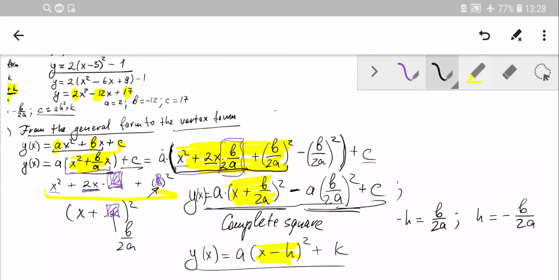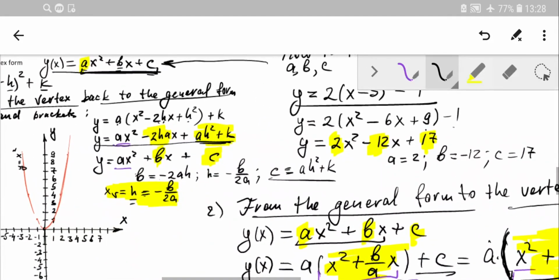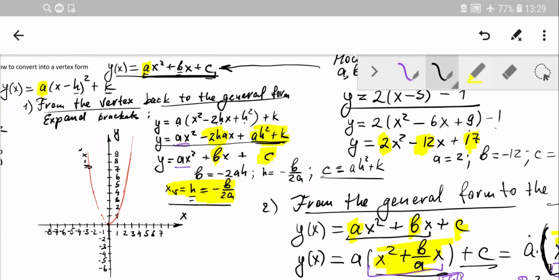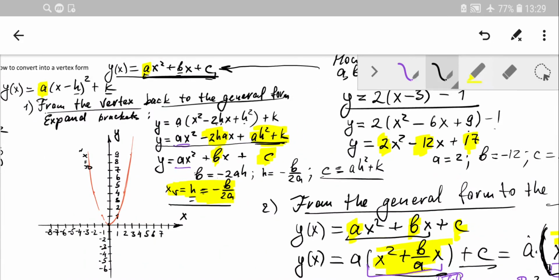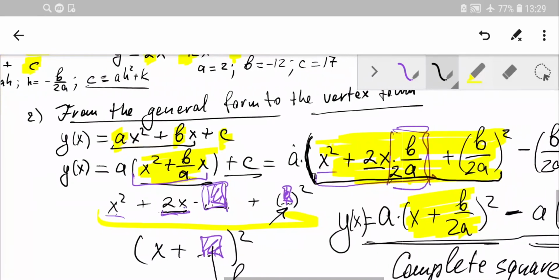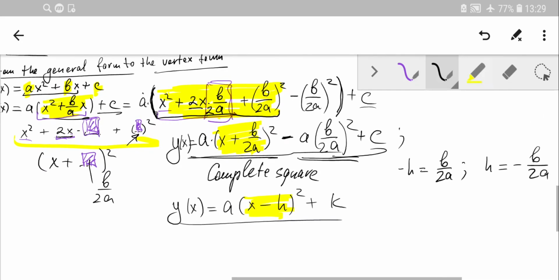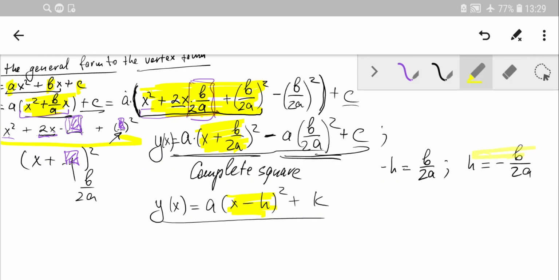Just remember, we've got this block from here. Of course, as you understand, from the vertex back to the general is much easier. But this is hard because we consider a general proof, and we have lots of symbols and letters. So we've got that, and this is the vertex, x vertex.